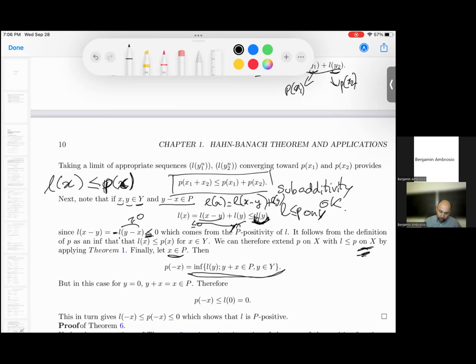But if you choose y equals 0, you obtain here x, since y plus x belongs to P because x belongs to P. So you get that P of minus x is less than L of y with y equals 0, so P of minus x is less than 0.